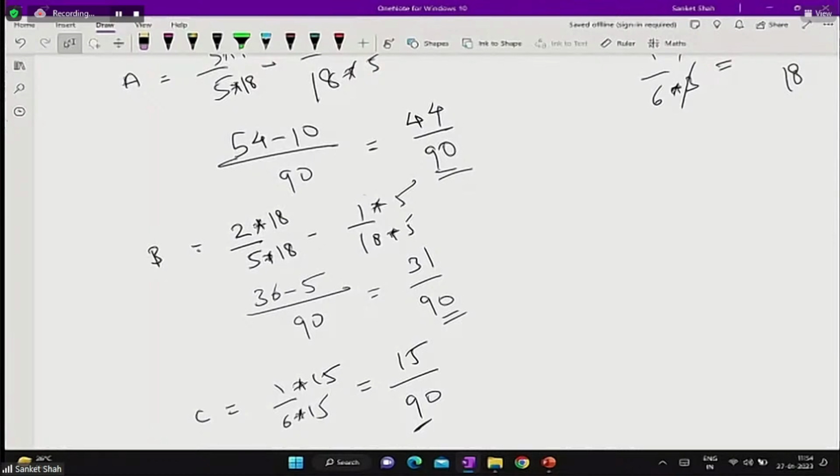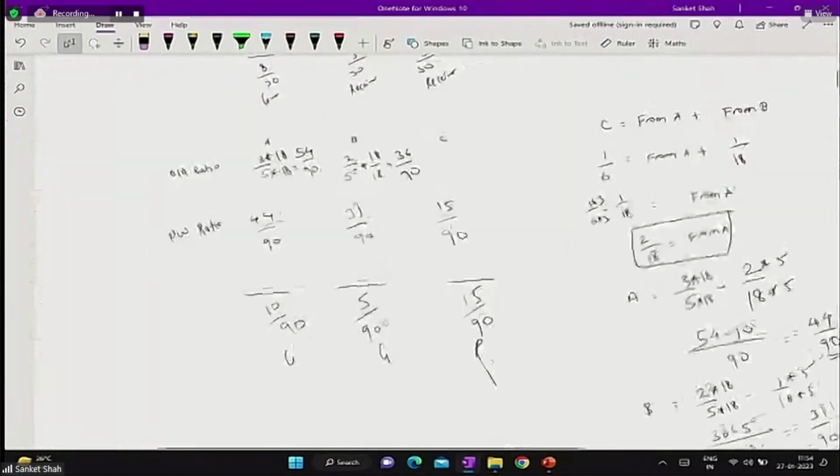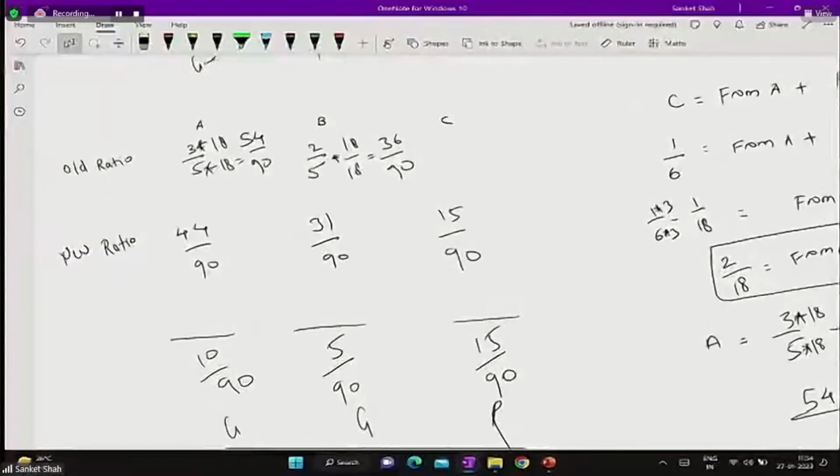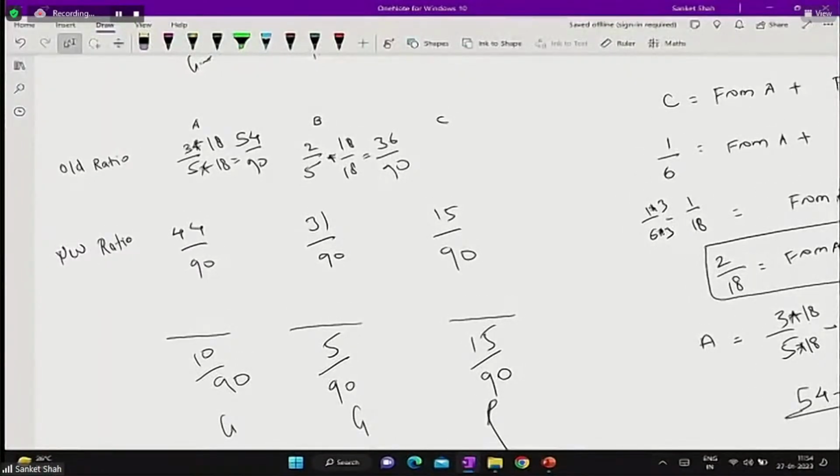What is your question, beta? Madhugonda Satvik ji, what is your question? Yes, beta. Chalo, and then write this: old ratio, new ratio, and sacrificing ratio. Now I'm asking you the last question.